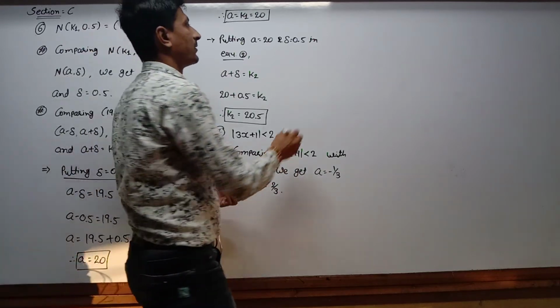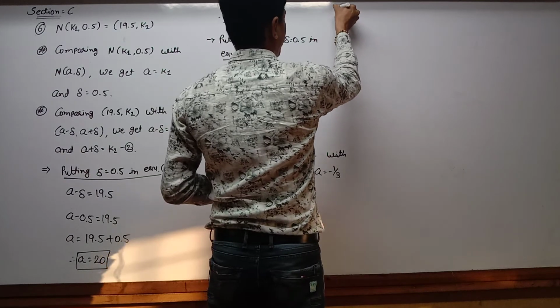Now find both forms. First write in neighborhood form.